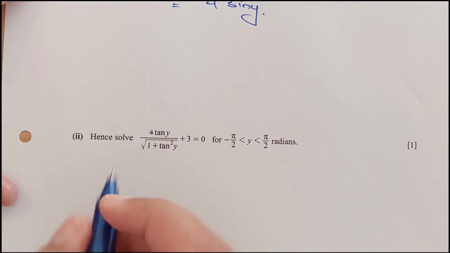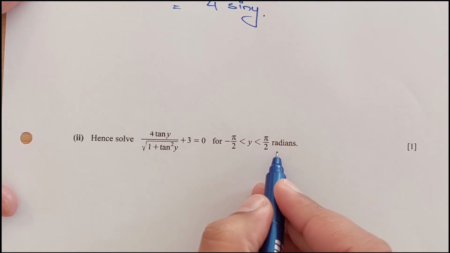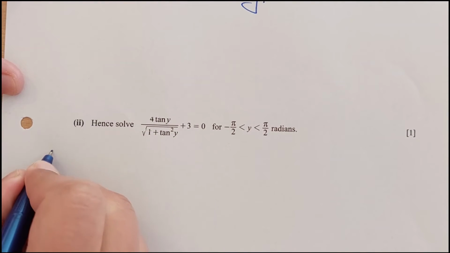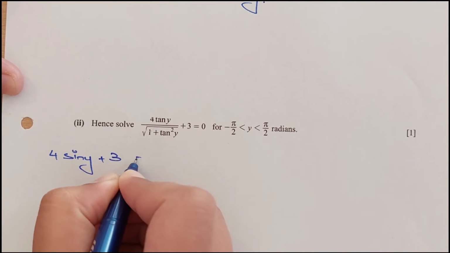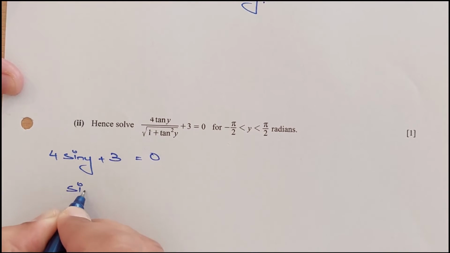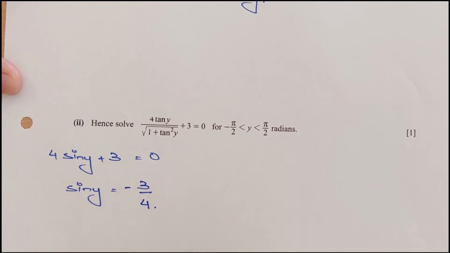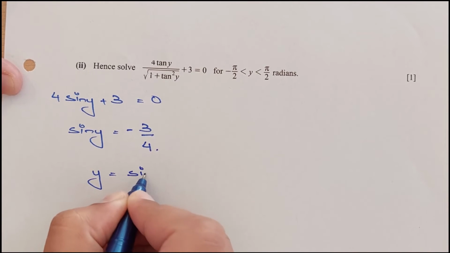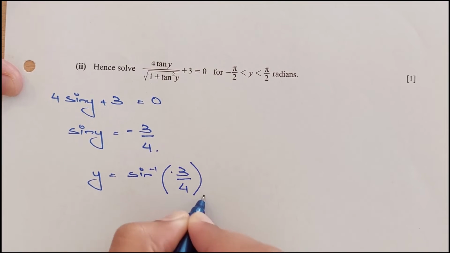Now for the second part, hence solve this plus 3 equals 0 for y between minus pi by 2 and plus pi by 2 radians. This whole expression is 4 sine y plus 3 equals 0. So sine y equals negative 3 divided by 4. What is y? Y equals sine inverse of 3 by 4, the positive one first.